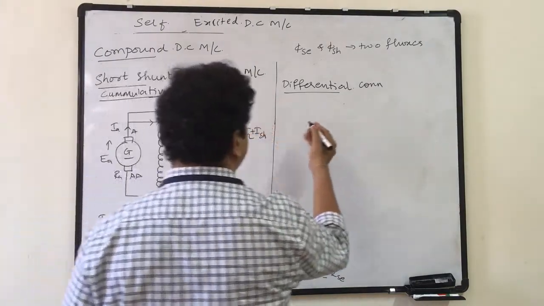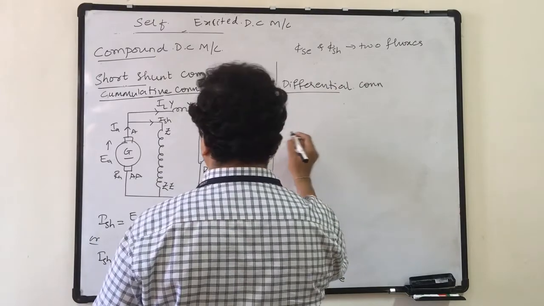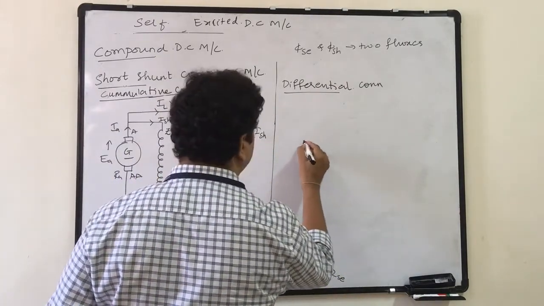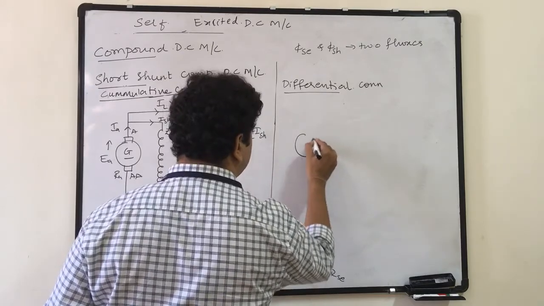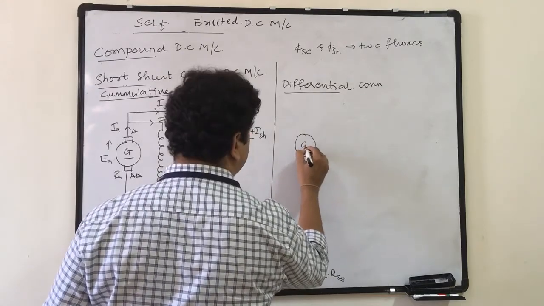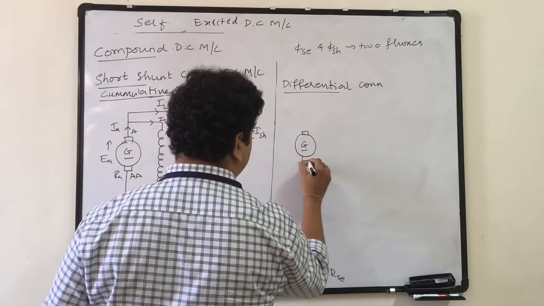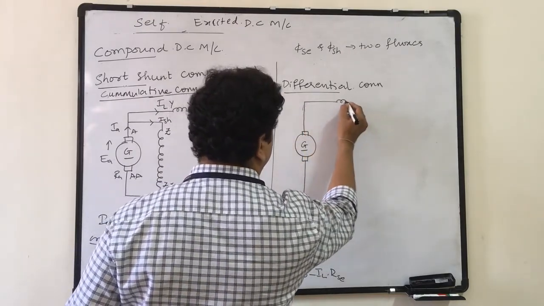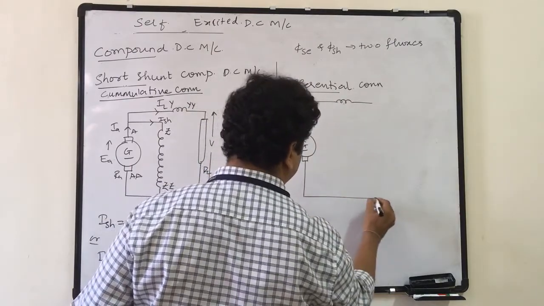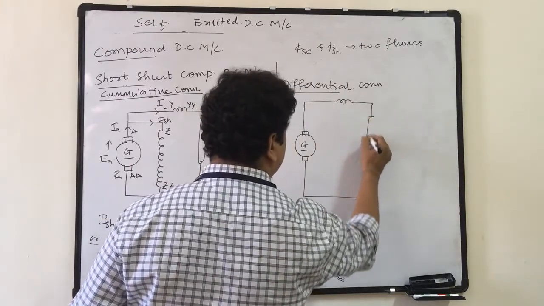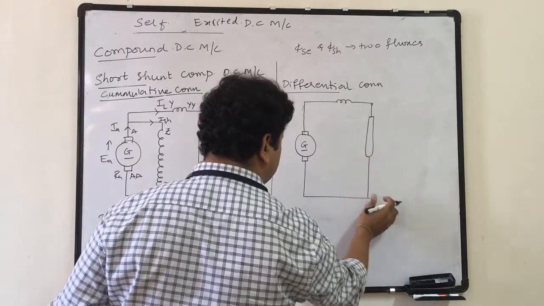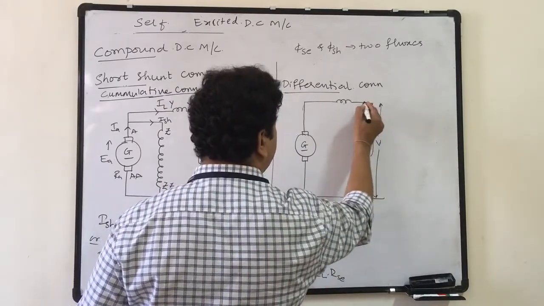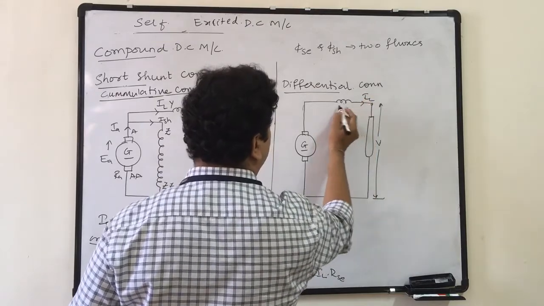Now, what is differential connection? Just change the polarity of either Y or Z. Anything will do. So this is the terminal voltage V, load current IL.